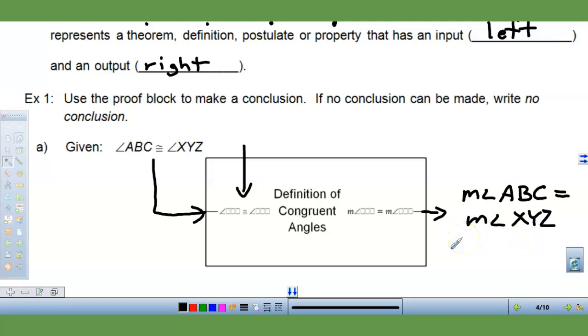So that's how we use these. Just look for the format on the left side of each one of those proof blocks and see if it matches.